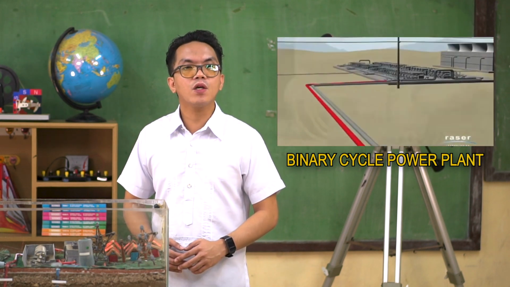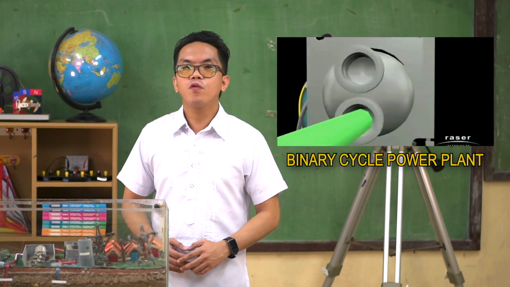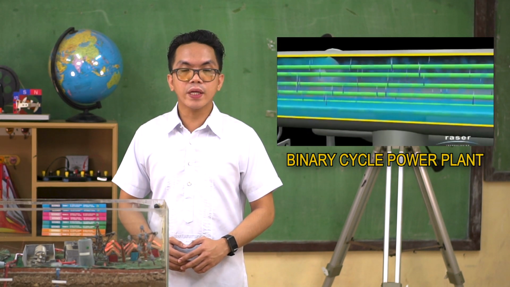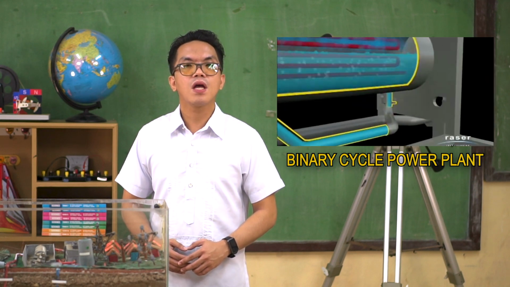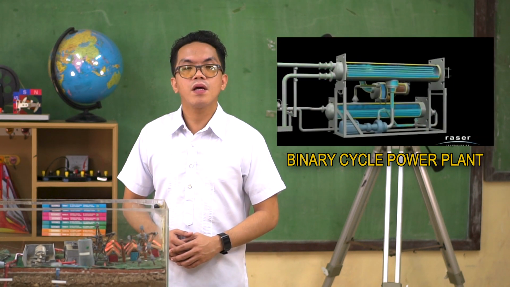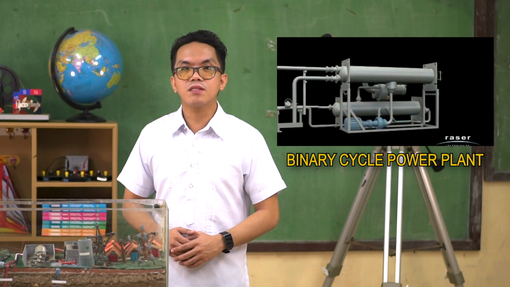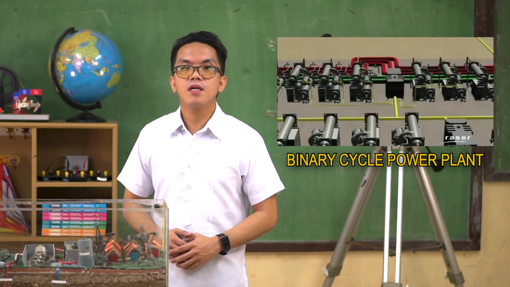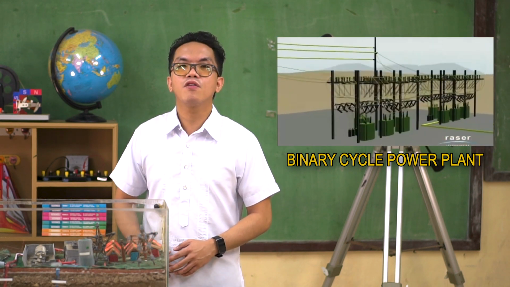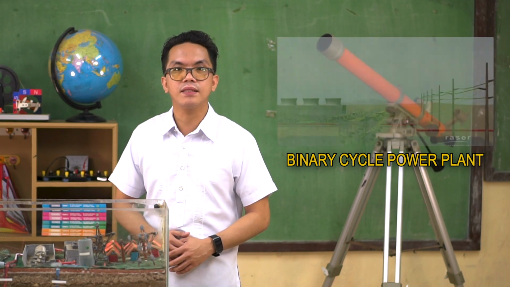The organic liquid creates steam, which flows through a turbine and powers a generator to create electricity. The only emission in this process is steam. The water in the pipe is recycled back to the ground to be reheated by the Earth and provide heat for the organic compound again.